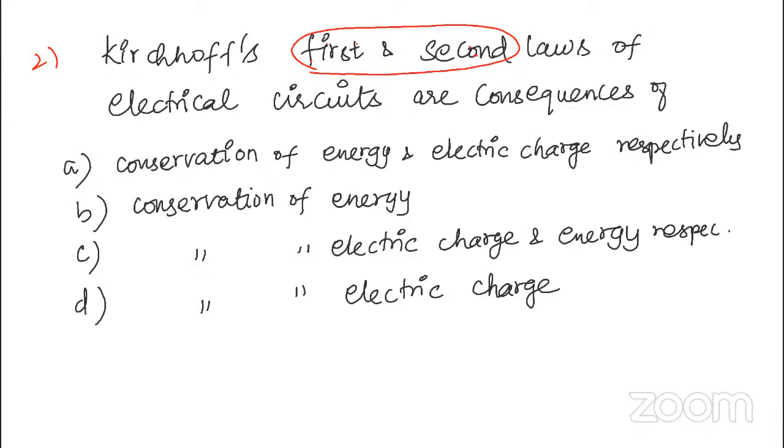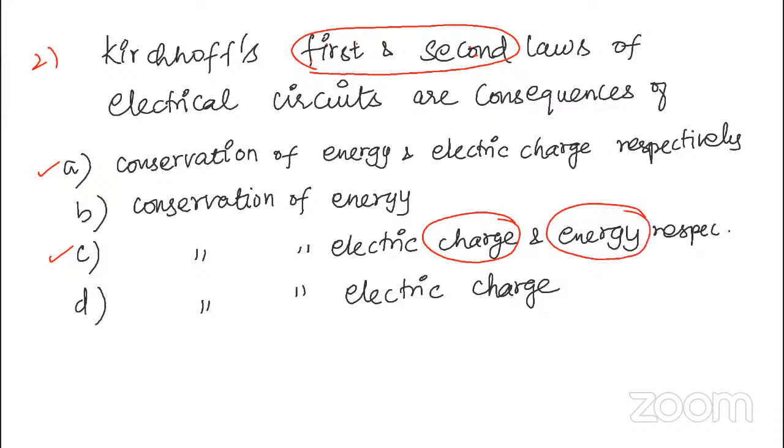Option A and C are more or less the same, but only if we know the concept can we write clearly which one is right, option A or C. So only if we know these conditions can we say which law applies to what. So the first law stands for the electric charge, and the second law stands for the energy.